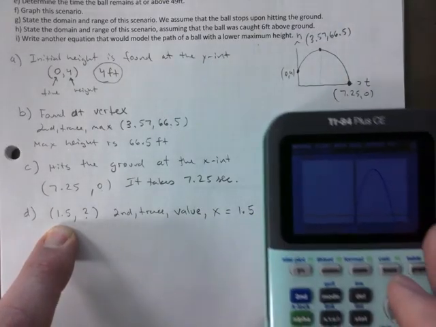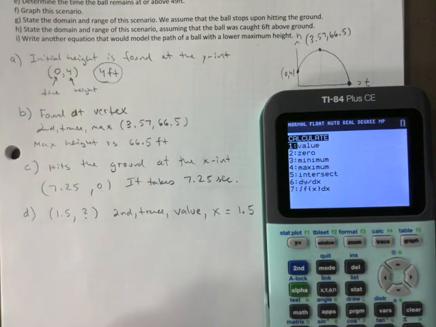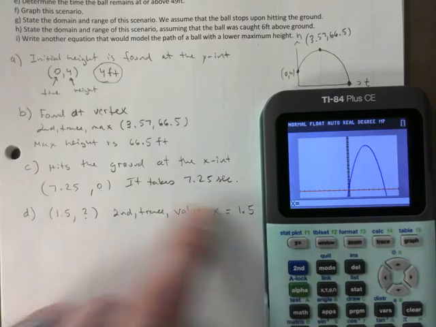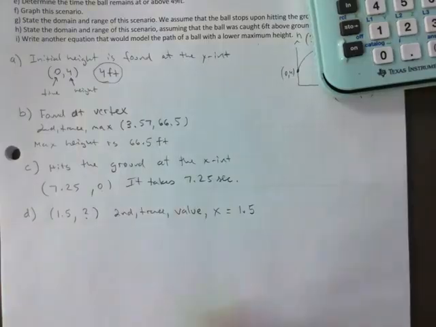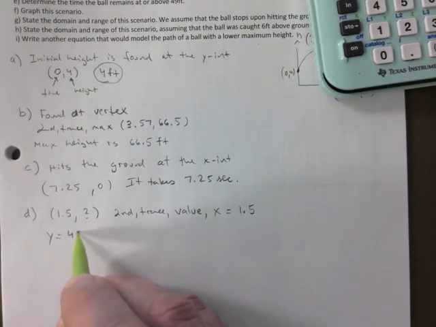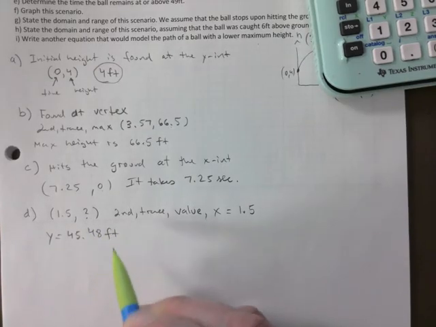So let's go ahead and do that. Second trace value, and the value we're given is 1.5, right, seconds. So after 1.5 seconds, it reaches a height of 45.48, right, if you round that to 2 decimals. So y is 45.48 feet.